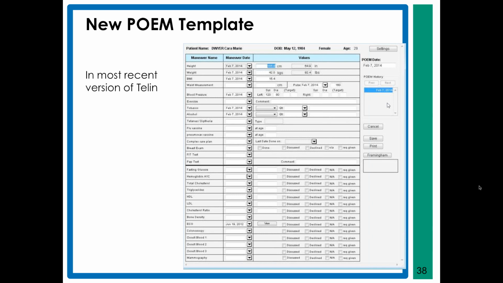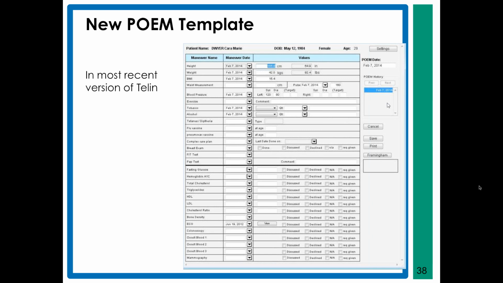And as no one's speaking up, I did have a discussion with another clinic using Telin, and they told me the same thing, that it can be quite slow. And I can imagine it would depend on the size of the database is one thing, and the number of maneuvers.